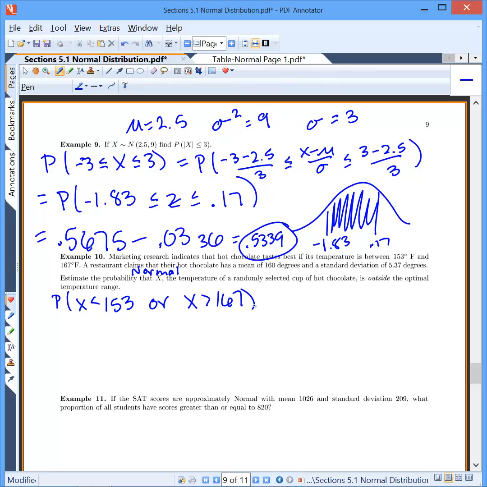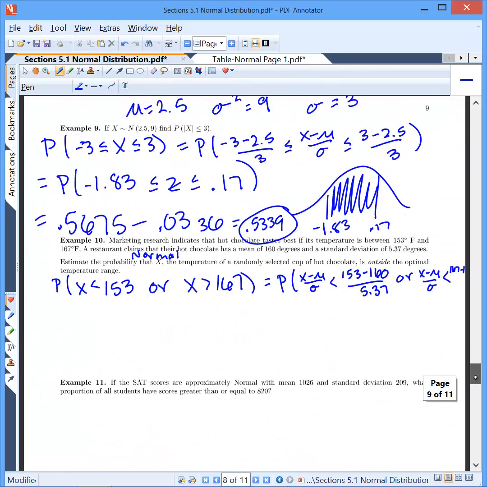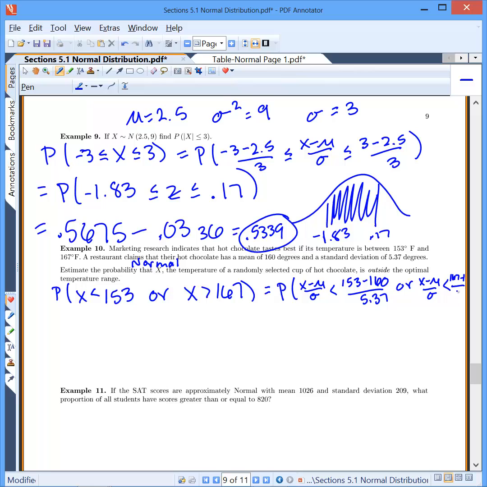To do this, I just start and I standardize both values. So it's the probability that x minus the mean over sigma is less than 153 minus my mean of 160 over my standard deviation of 5.37, or I need to do the same thing, so it's going to be 167 minus 160 over 5.37.